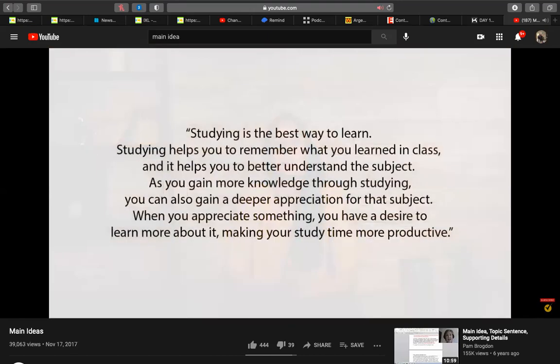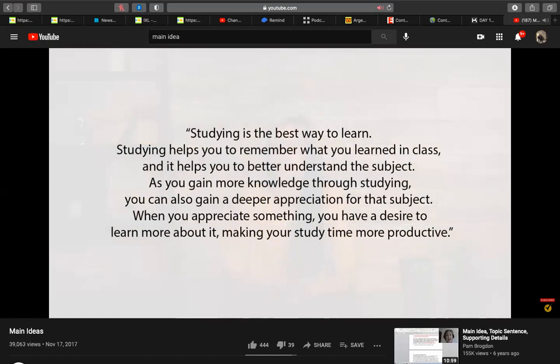Before we go on to the main idea, let's first define topic and hopefully clear up some confusion. The topic of a paragraph is the simplest description of what the paragraph is about. For example: Studying is the best way to learn. Studying helps you to remember what you learned in class, but it also helps you to better understand the subject.